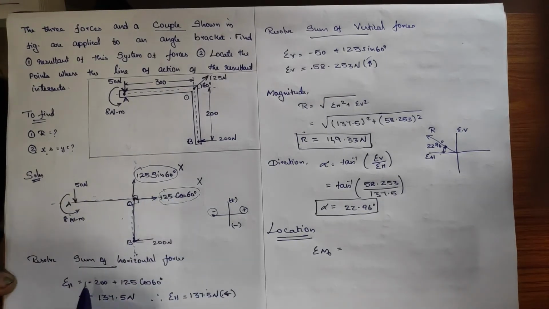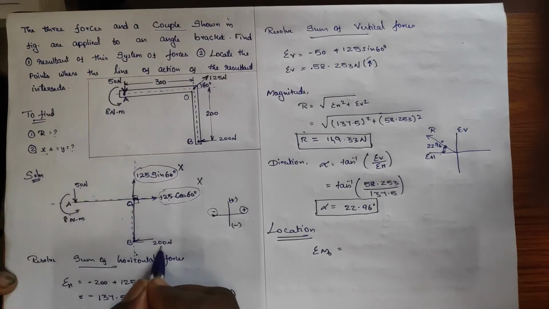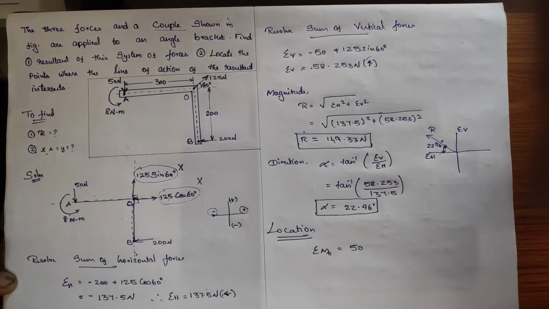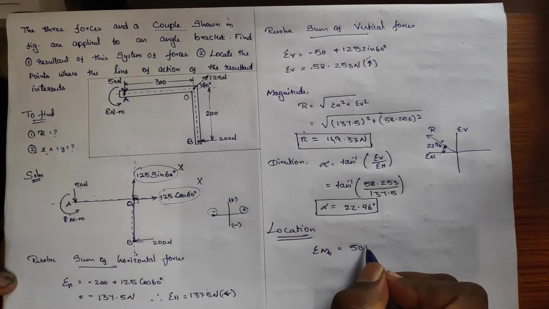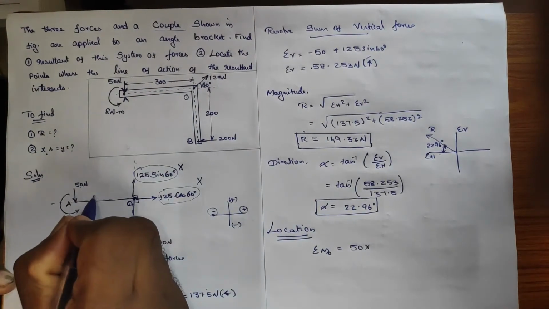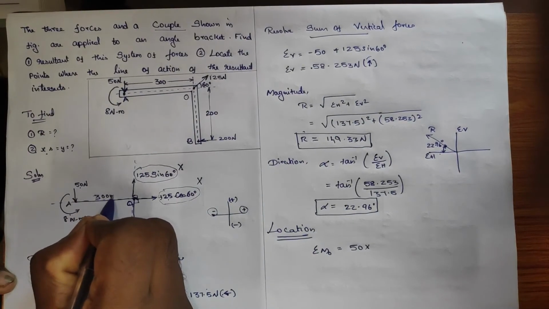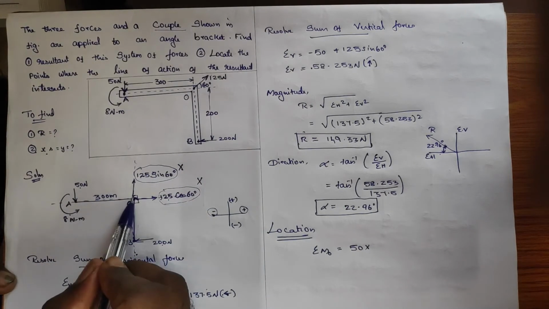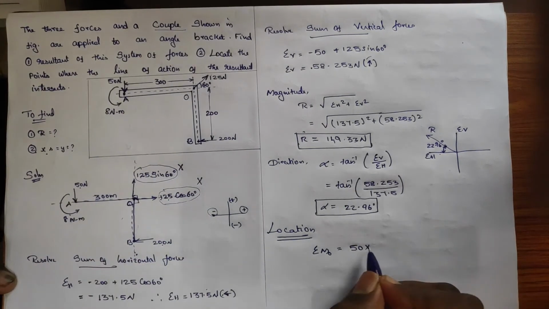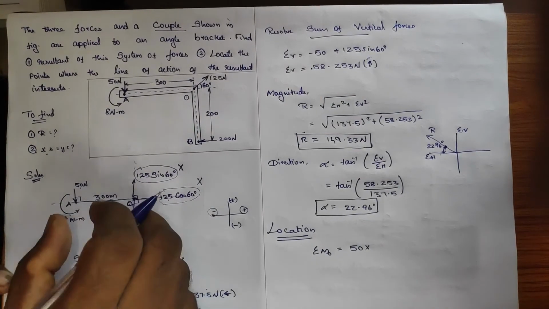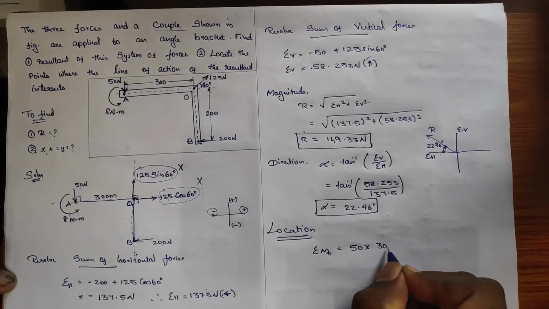Okay, so the 50 Newton and 200 Newton forces are there. 50 Newton we can take first. So 50 Newton force into its perpendicular distance. The perpendicular distance here is mentioned as 300 meter. So this distance is 300 meter. So 50 into its perpendicular distance about O, which is 300.